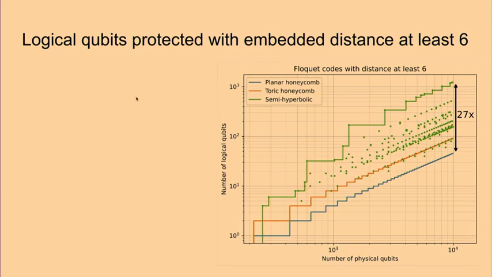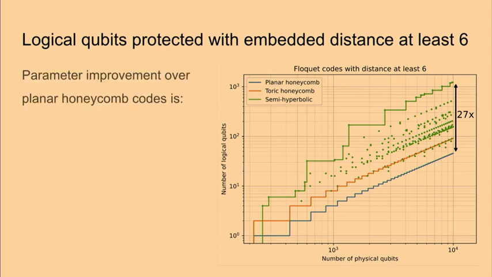So here we're looking at the embedded distance, at how many logical qubits you can encode using hyperbolic or semi-hyperbolic Floquet codes up to at least distance 6. This is for the embedded distance I mentioned earlier, which is essentially the same as the EM3 distance, so this is looking at the distance in this pair measurement noise model, the Majorana-inspired noise model.